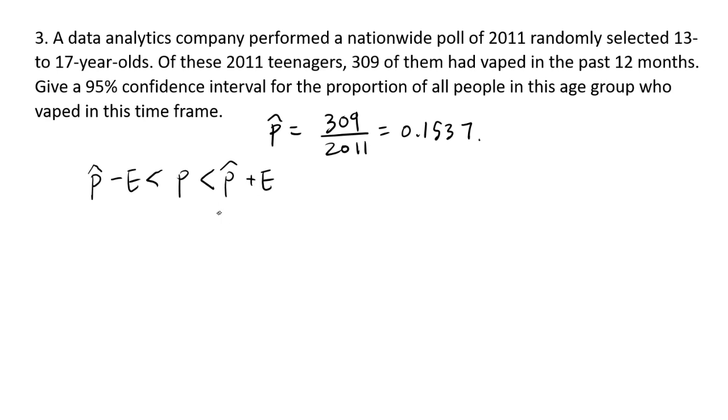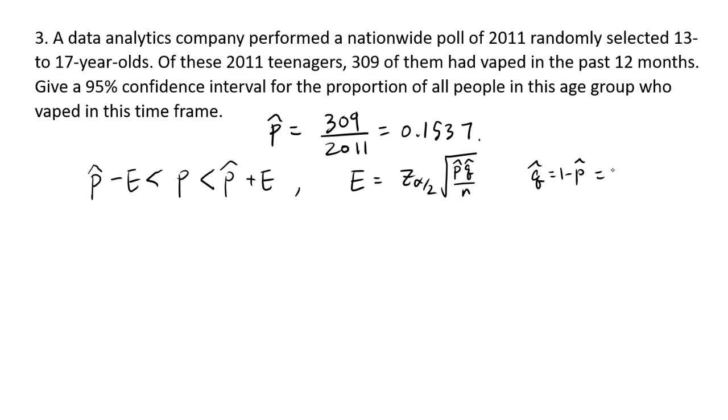So this is the confidence interval, where E is given as Z alpha over 2 times the square root of P hat Q hat over N, and here Q hat is 1 minus P hat.